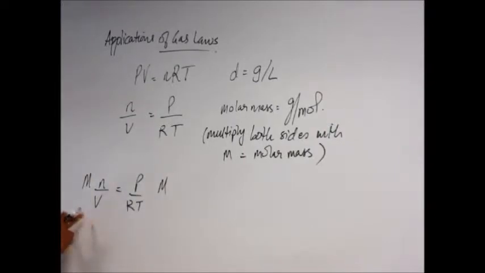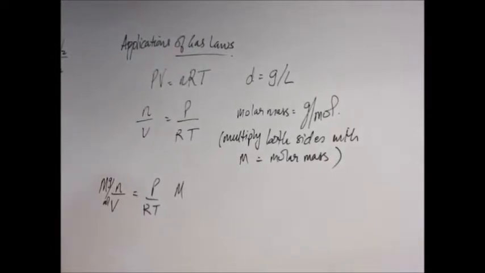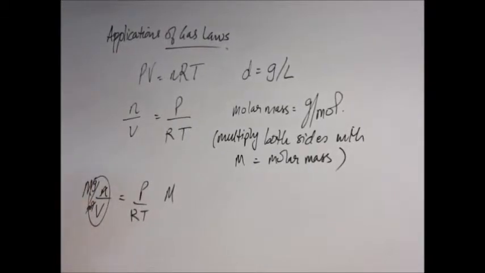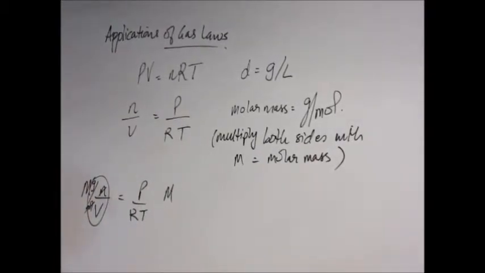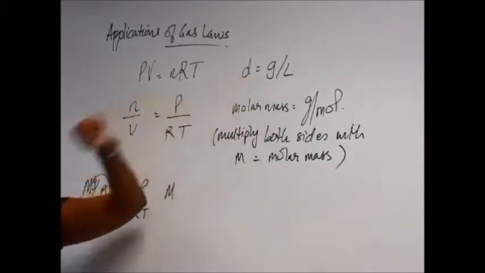So then over here, molar mass is grams per mole, right? And so the moles and the moles get cancelled out. Are you still with me? So if the moles and the moles get cancelled out, you're left with grams over volume, and grams over volume is density, right there.